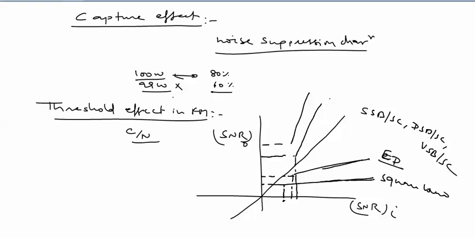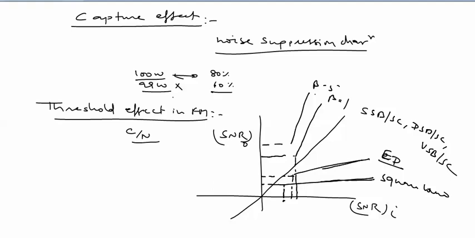Two lines show beta equals 1 and beta equals 5 for particular values. Threshold effect is more severe in FM than AM. For threshold improvement in a discriminator, we use pre-emphasis and de-emphasis in the circuit, or we use feedback in the circuit with PLL.